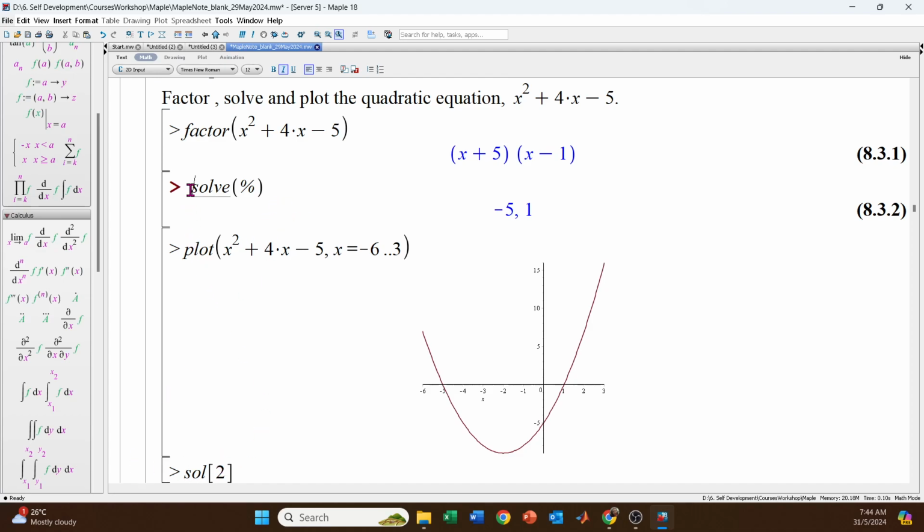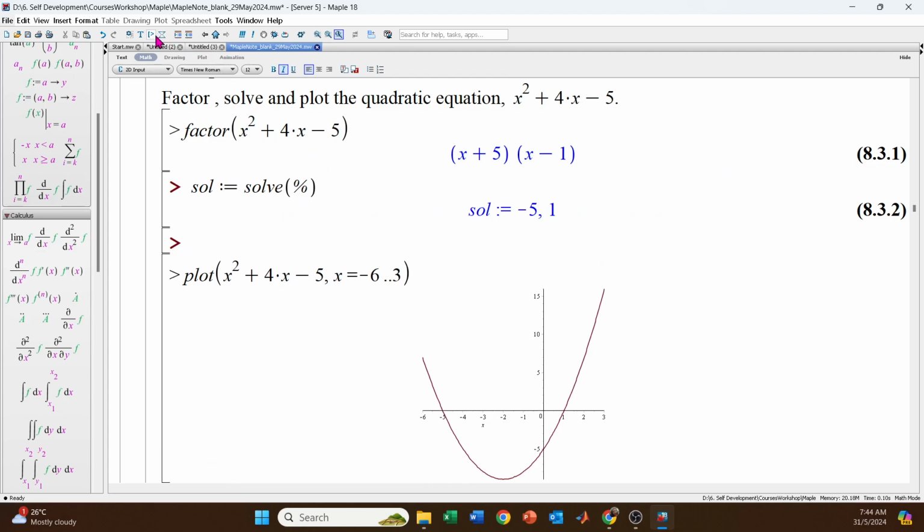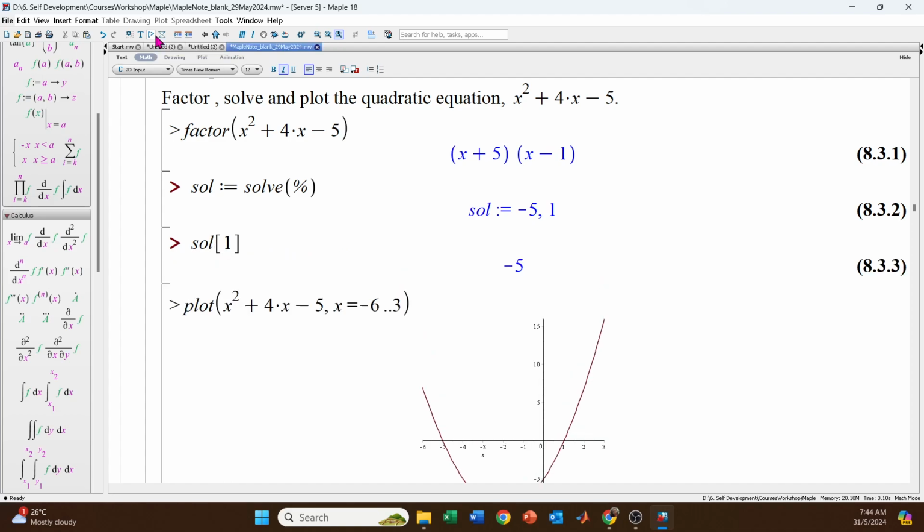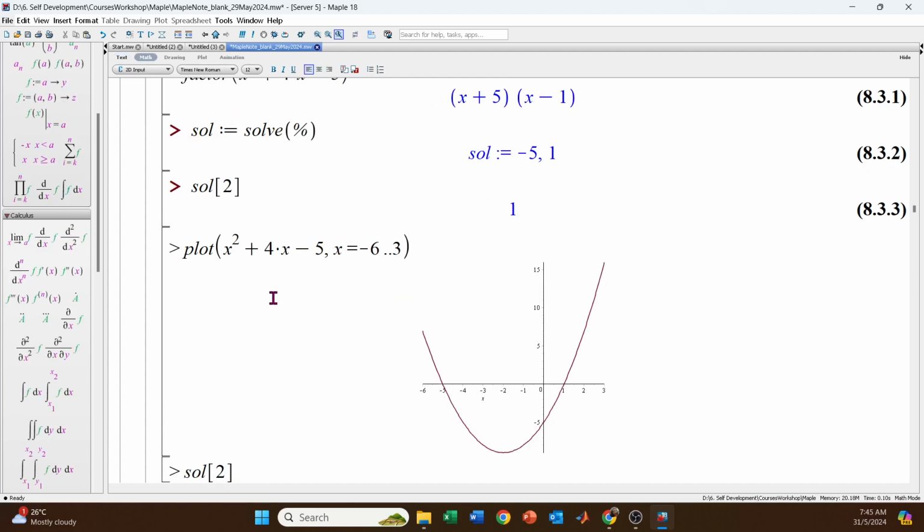Solution 2. Let's say I put this to the solution. Like this. And then I want solution number 1. I give it this solution number 1. If you want solution number 2, like this. I want to delete this.